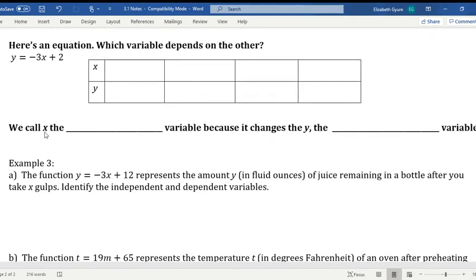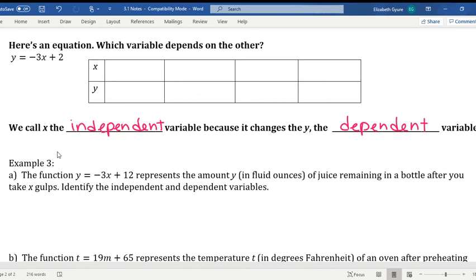Your x value is the independent because it changes the y, which is the dependent. Your x's are your inputs. They're what you're plugging in. You kind of get to pick whatever x value you want. But your y depends on what happens when you plug in x. So x is independent, y is dependent.